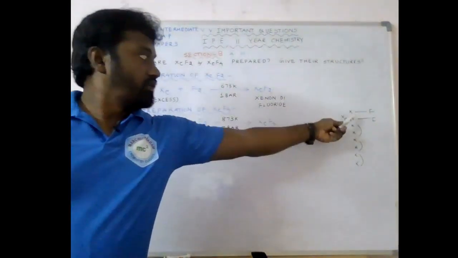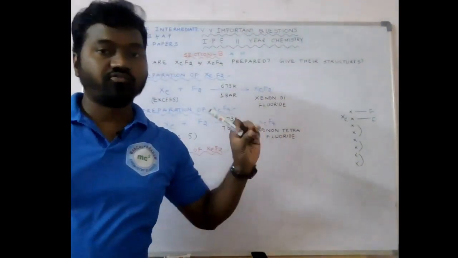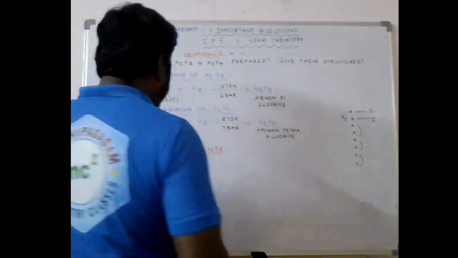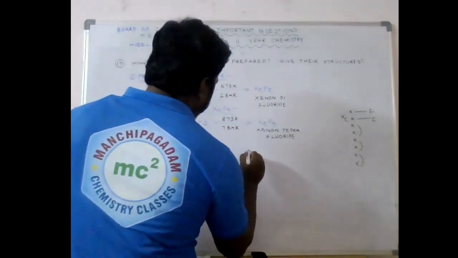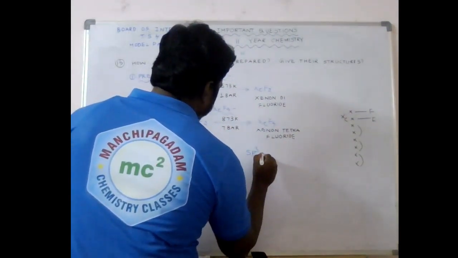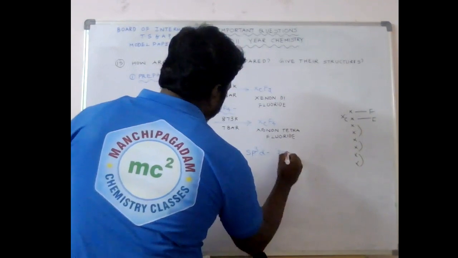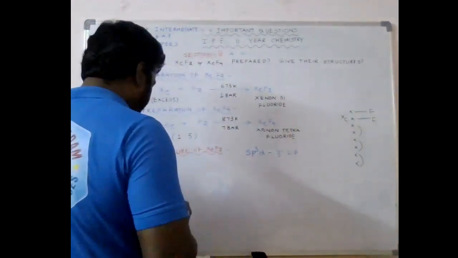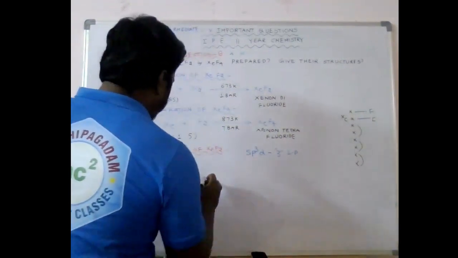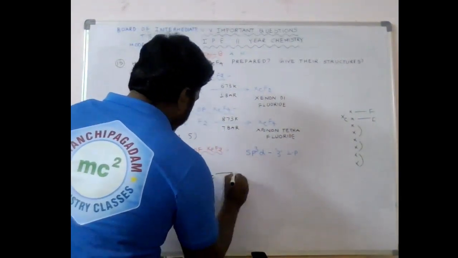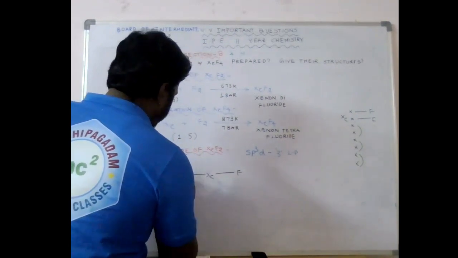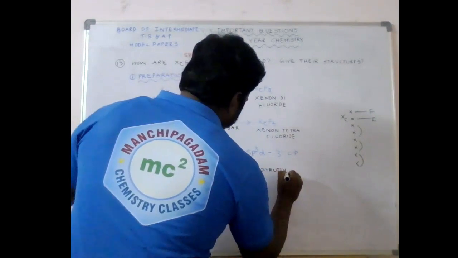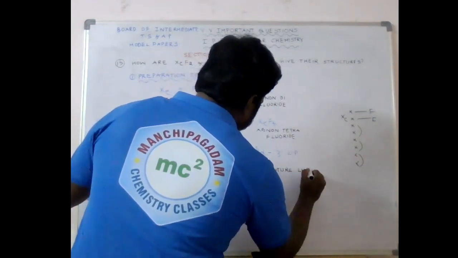So 1, 2, 3, 4, 5, total 5 pairs, which means sp3d hybridization with 3 lone pairs. Then what is the structure? We get the linear structure, F-Xe-F. The structure is linear.